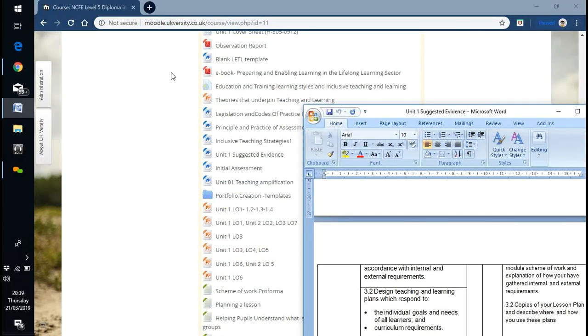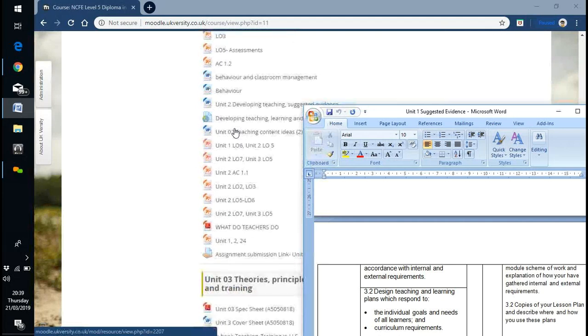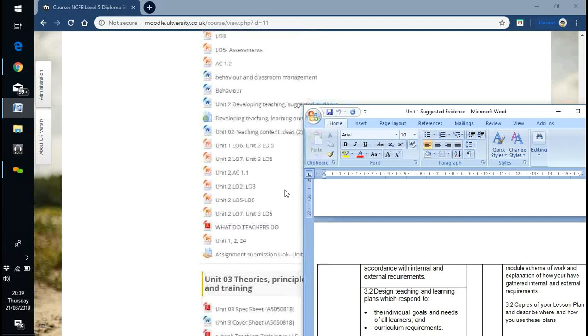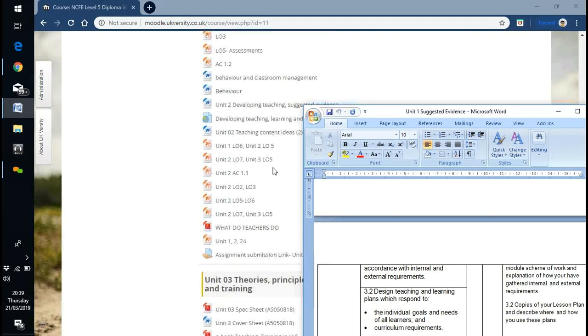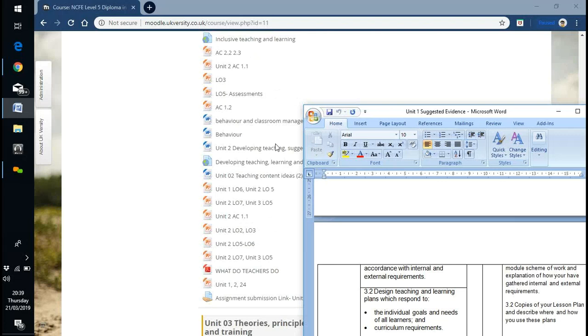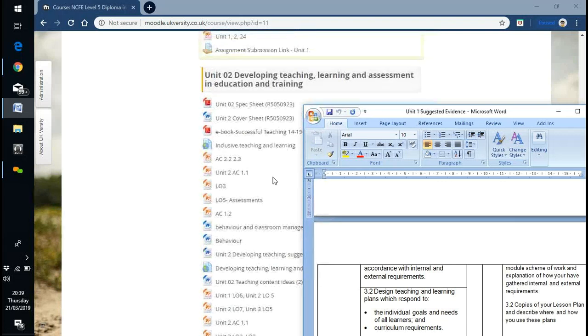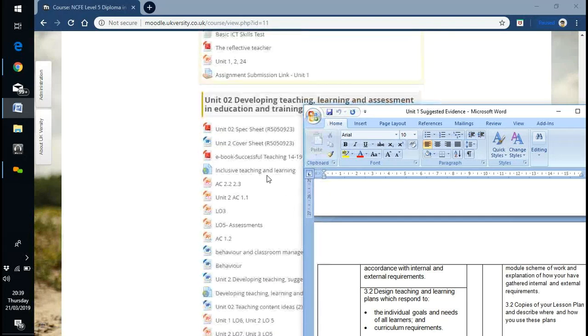Okay, yeah. Right, so let's have a quick look at Unit 2. What I've got there is, I might have put them back in the wrong place when I've been editing. Oops, yes.